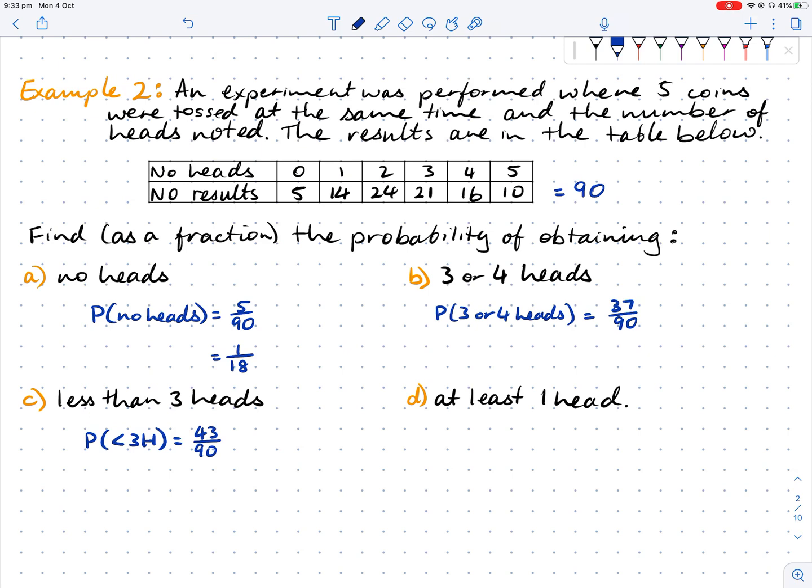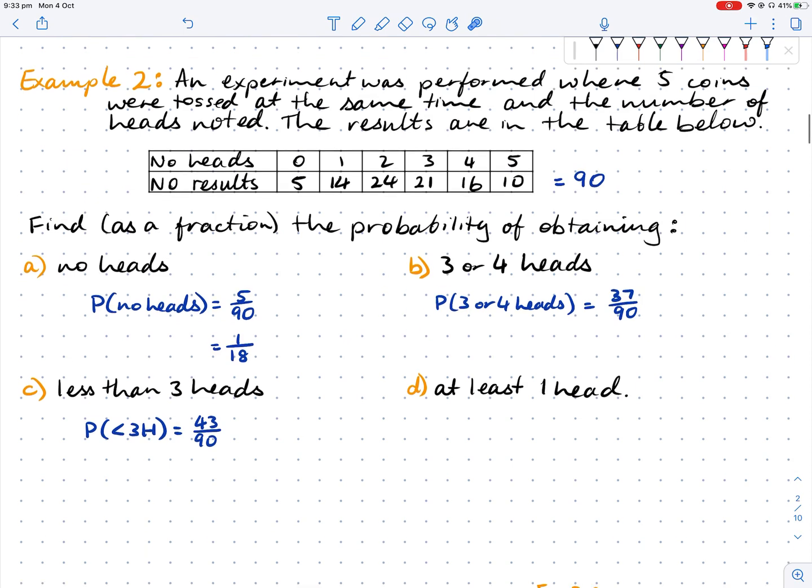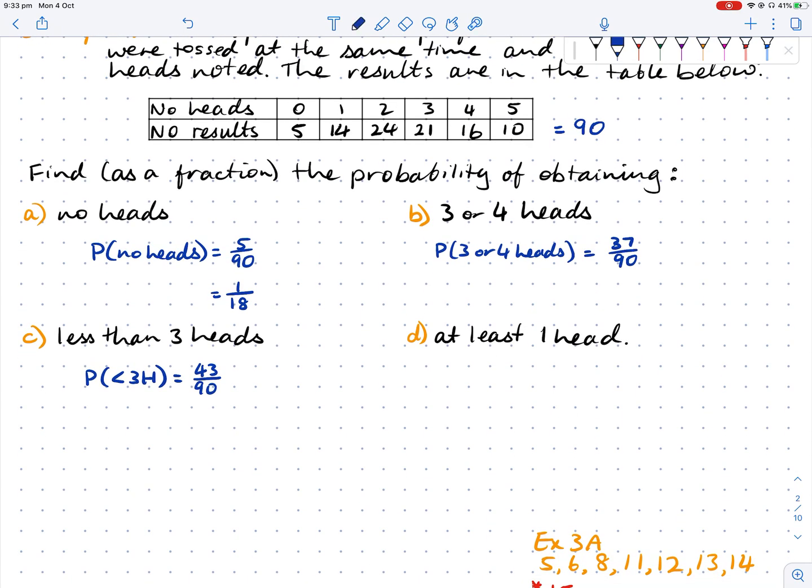The last one, if I want at least 1 head, now there's a couple of ways of approaching this one. Often when I'm looking at the word at least, I actually like to use the complementary events to solve these questions, because the probability of at least 1 head, so the opposite of getting at least 1 is getting nothing.